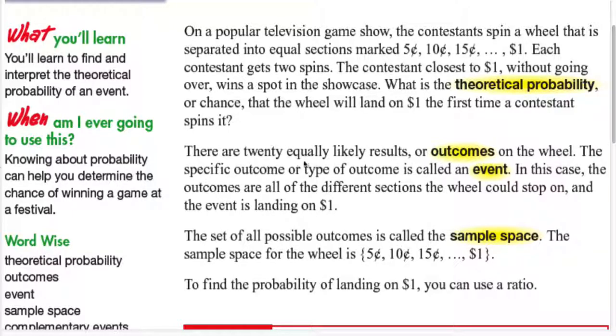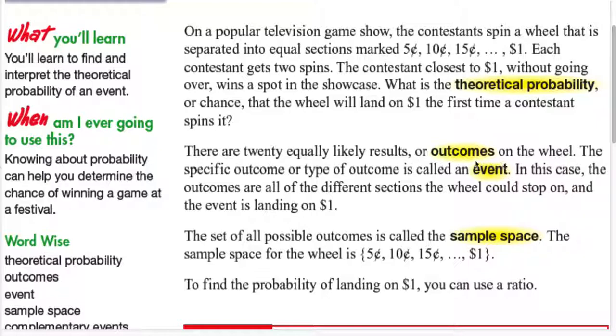So there are 20 equally likely results, because 5 cents all the way to $1, in intervals of 5, will give you 20 results or outcomes on the wheel. So the outcomes are the number of possible results in an event. The specific outcome or type of outcome is called an event. So you have your 20 equally likely results in this example, and the specific outcome is called an event.